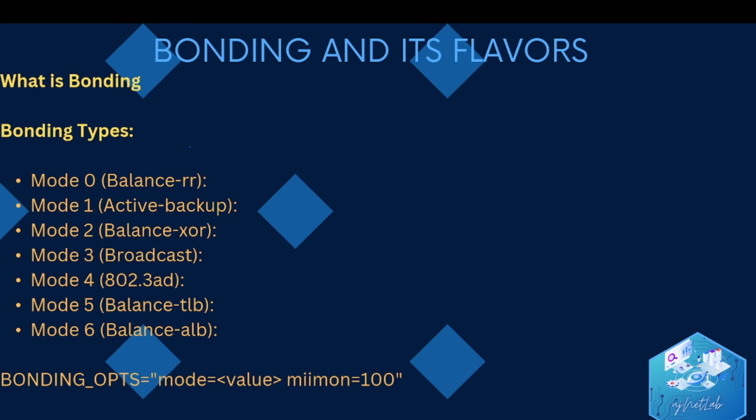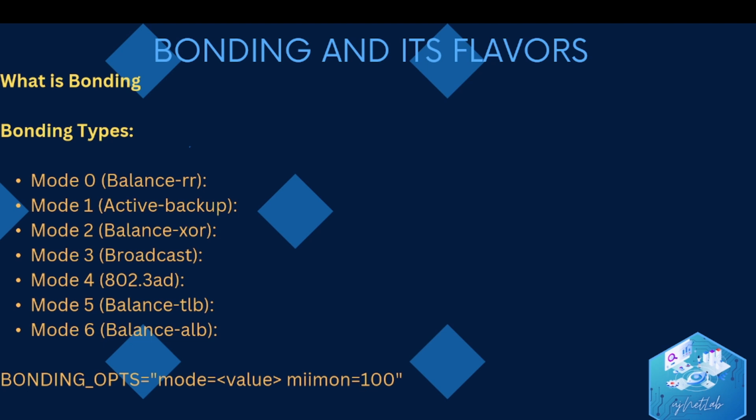What is this? It's basically media independent interface monitoring. It is the way the system keeps an eye on the health of the bonded network, checking at a regular interval. Here it is 100 milliseconds. So it detects a failure if one of the links fails, or for example the cable is unplugged or goes down.